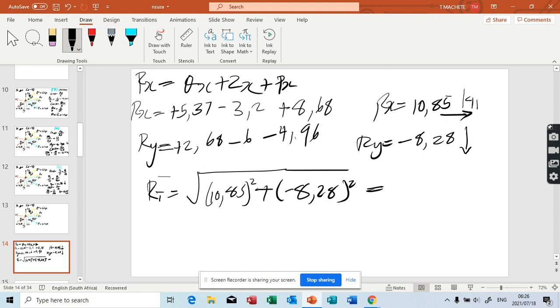If you don't write the units, it's wrong. Then our RT is 13.65. Then this one, obviously the direction of this one, you have to find it from there.